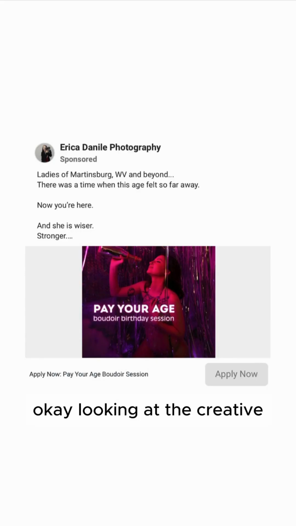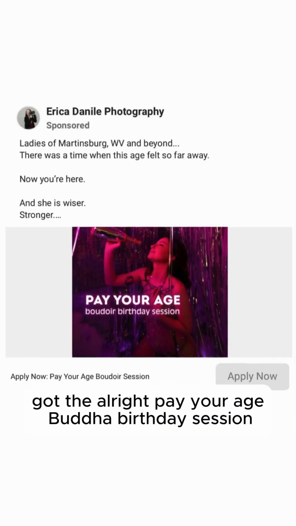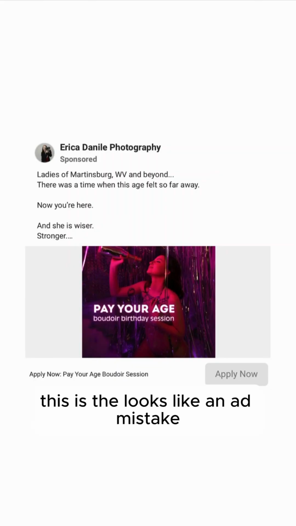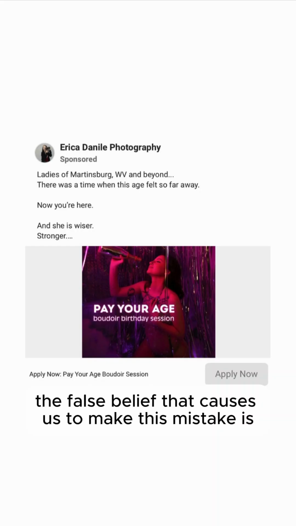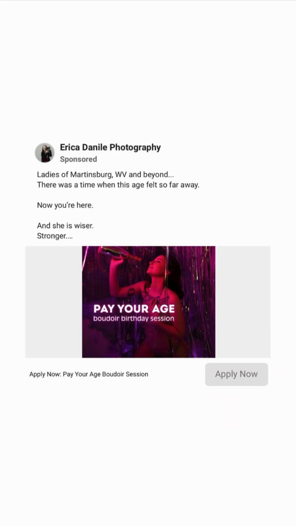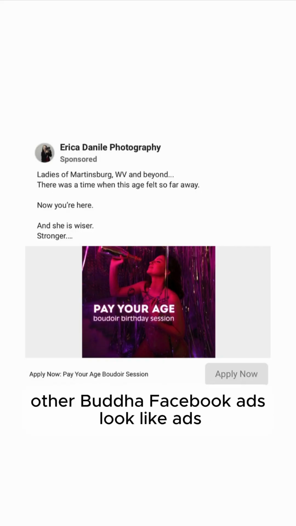Okay, looking at the creative, we've got the "All right, pay your age boudoir birthday session." So this looks like an ad mistake. The false belief that causes us to make this mistake is we believe that a boudoir Facebook ad should look like an ad because other ads on Facebook look like ads, other boudoir Facebook ads look like ads.